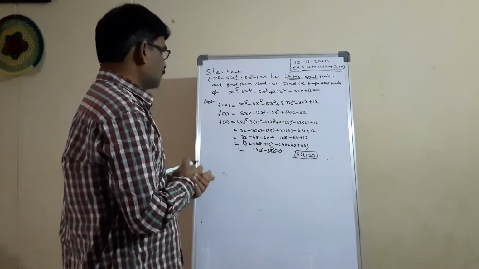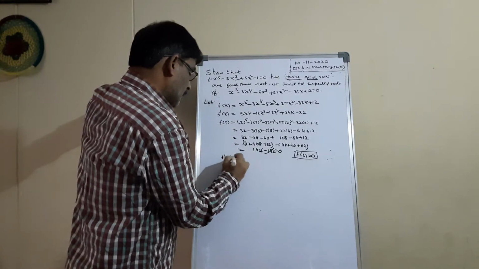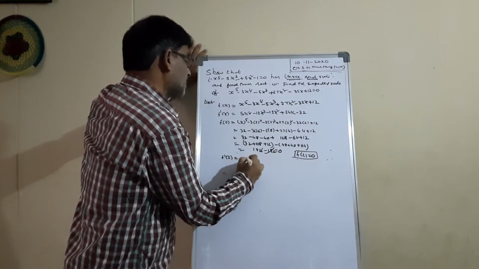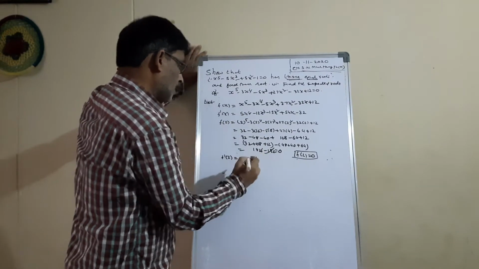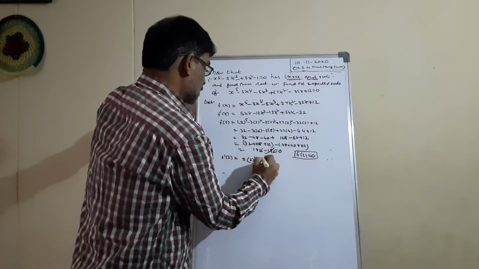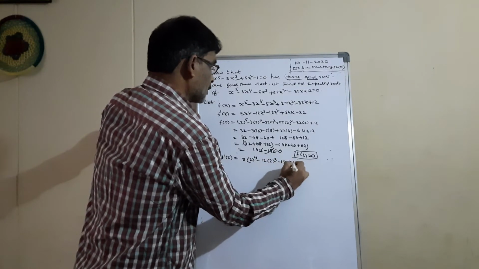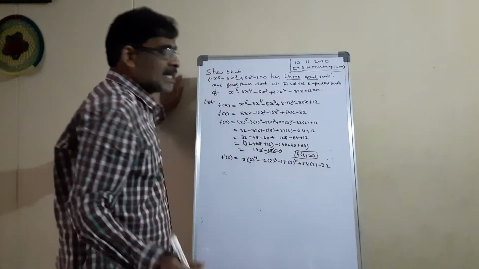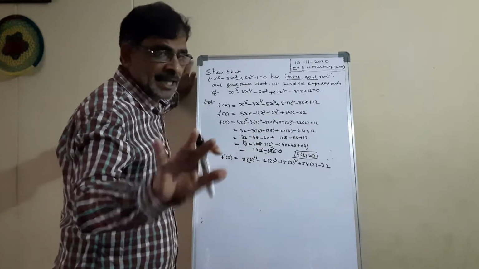Now take f dash 2. F dash 2 is 5 into 2 to the power of 4, minus 12 into 2 cube, minus 15 into 2 square, plus 54 into 2, minus 32. I just substituted 2 in the place of x in f dash x.